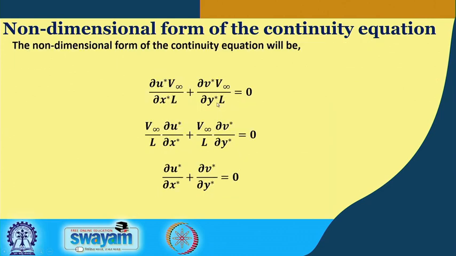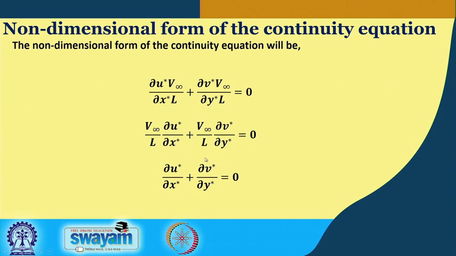Here we have the non-dimensional form of the continuity equation. What we have done is substitute u and v in terms of u star and v star, and x and y in terms of x star and y star. Now you can see that you can take V infinity and L out of the differential, and we get this particular equation.